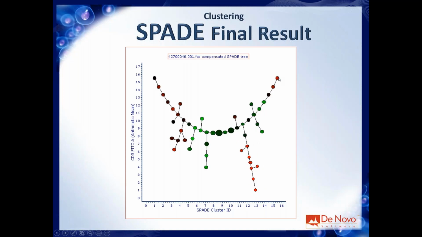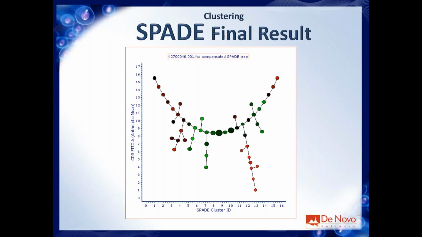But I also want to show you that I have other nodes that are CD3 positive, that are red, and thus probably contain CD3 expressing cells. So you may ask yourself why they are not all grouped together in the same branch. Well, because we are just looking at CD3, and SPADE, to create this tree, looked at all the parameters.